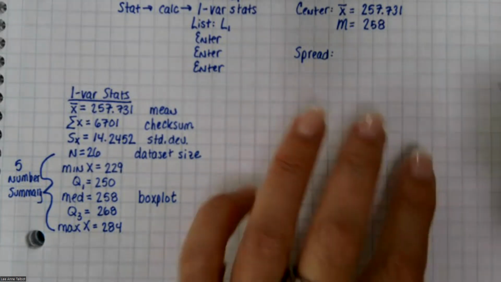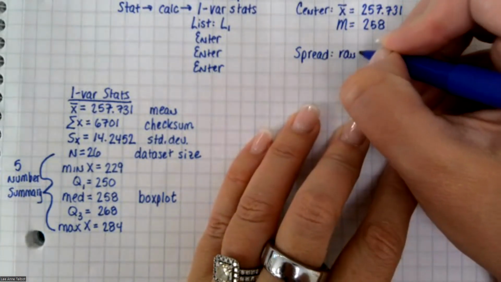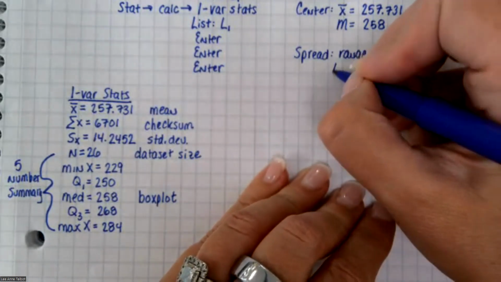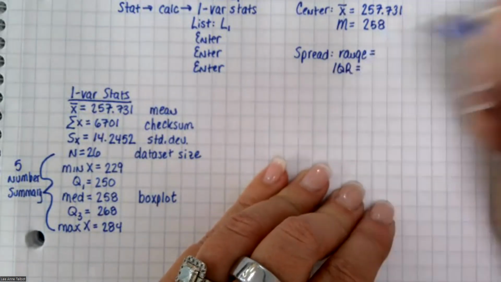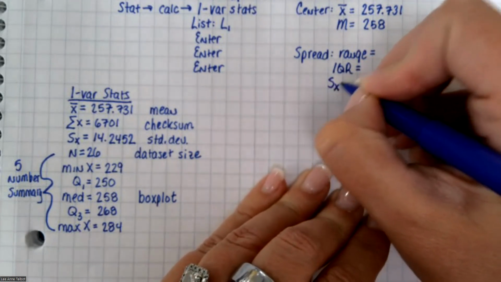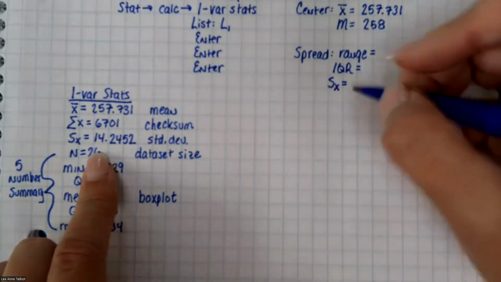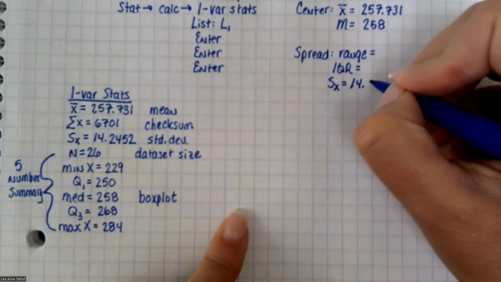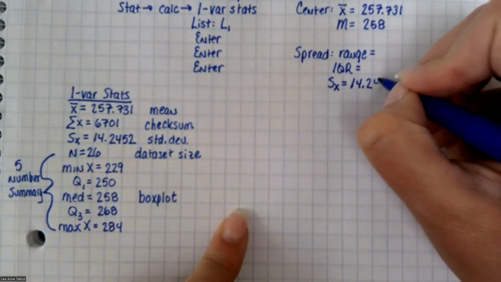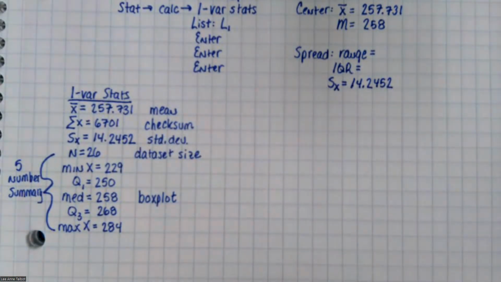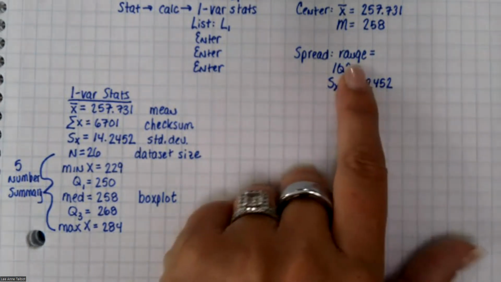But anyway, range, IQR, and then standard deviation. Those are my 3 measures of spread. Standard deviation, I can just go right up there and write. I don't know why I did this one to 4 decimals and that one to 3 decimals. Another thing about stats is it's very loose on the decimal places, which is weird. But anyway, okay.